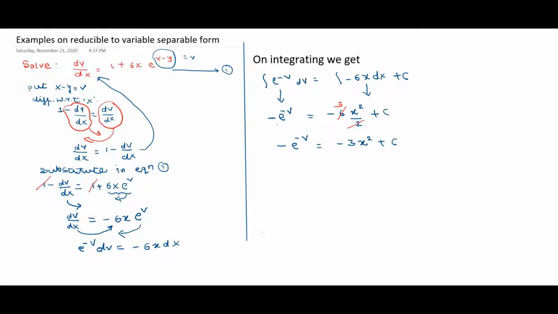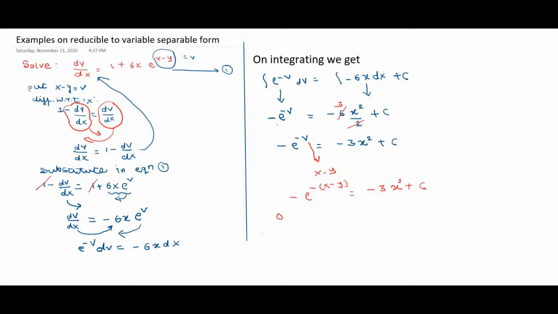Now substitute the value of v. The value of v is equal to x minus y from equation 1. So if you substitute, you will get minus e raised to minus (x minus y) is equal to minus 3x square plus c.